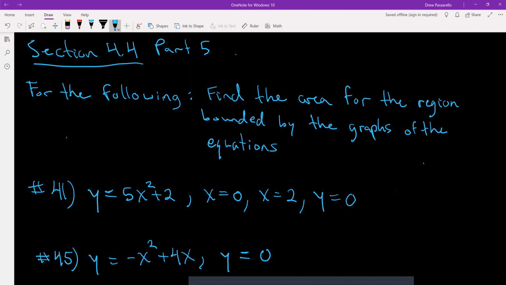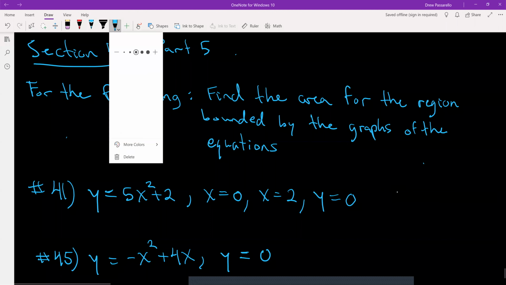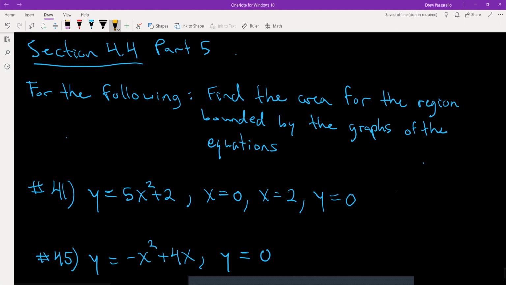We're going to find the area for the region bounded by the graphs of the equations.